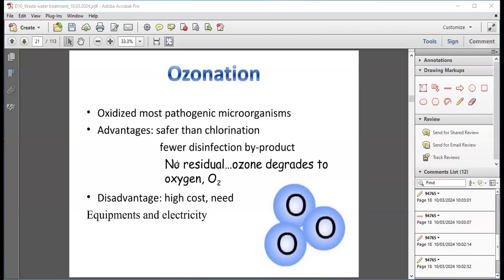So ozonation is also used for the disinfection process.